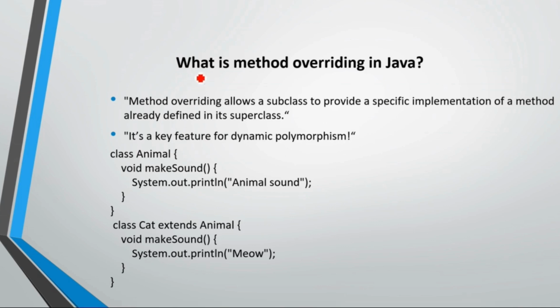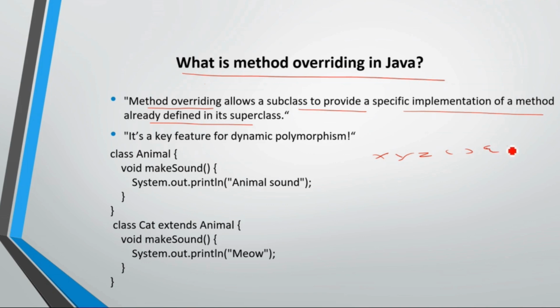Now let us check another type, which is overriding. This is also polymorphism only. Method overriding allows a subclass to provide a specific implementation of methods already defined in its superclass. So what it means is, suppose we have defined an XYZ method in the parent class.